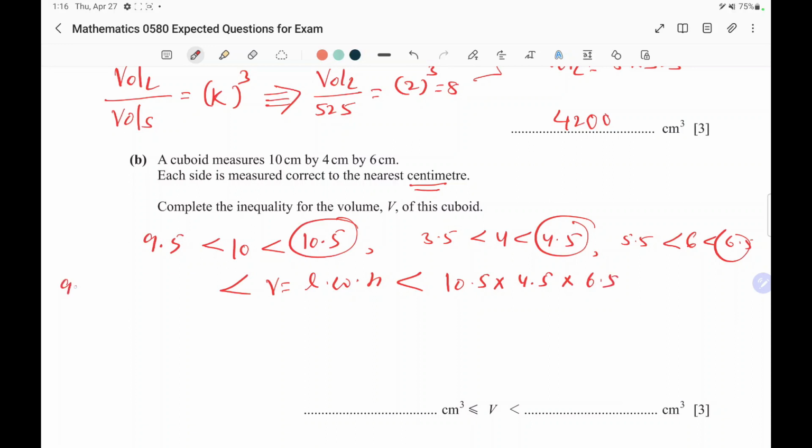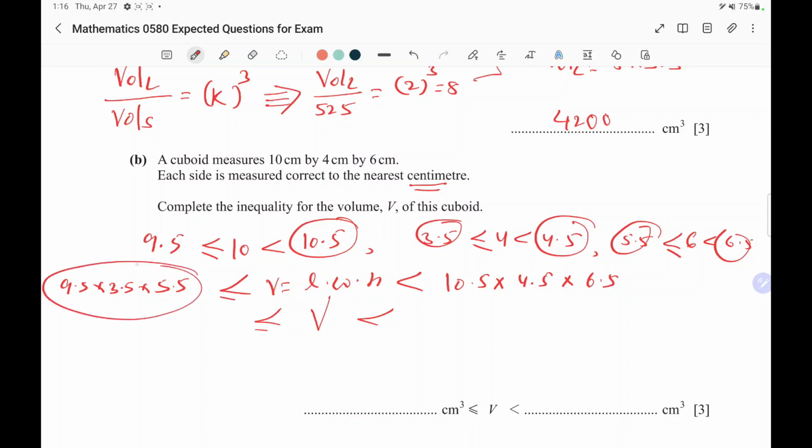And the lower bound should be 9.5 times 3.5 times 5.5, and then my volume can have bound here. Just multiply 9.5 times 3.5 times 5.5, which is 182.8752. Now just multiply them.